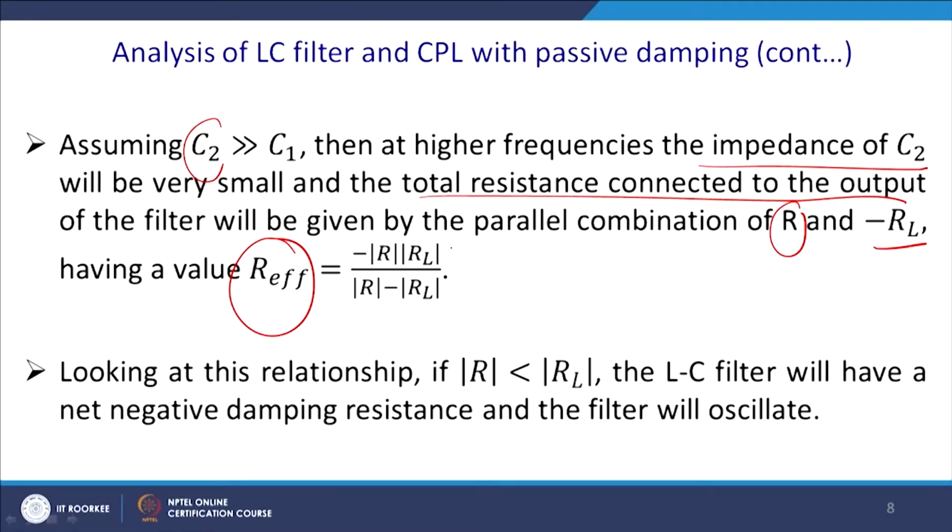So, R into RL minus this one. Looking at this relationship, if RL is much greater than R, the LC filter will have a negative damping resistance and the filter definitely will oscillate. So, that is the challenge here. This will have a sustained oscillation.